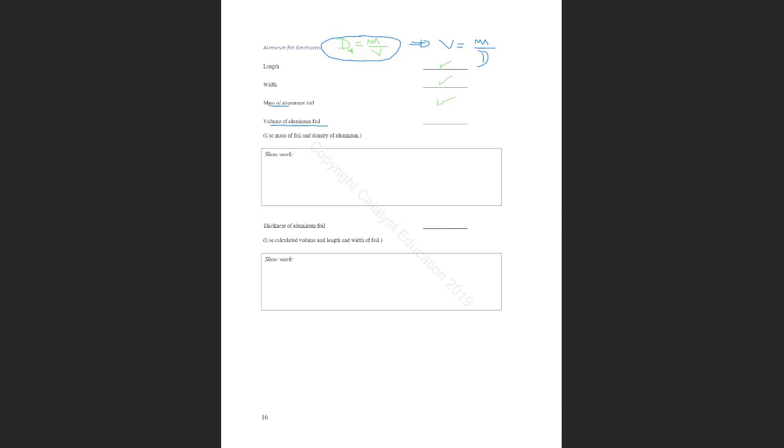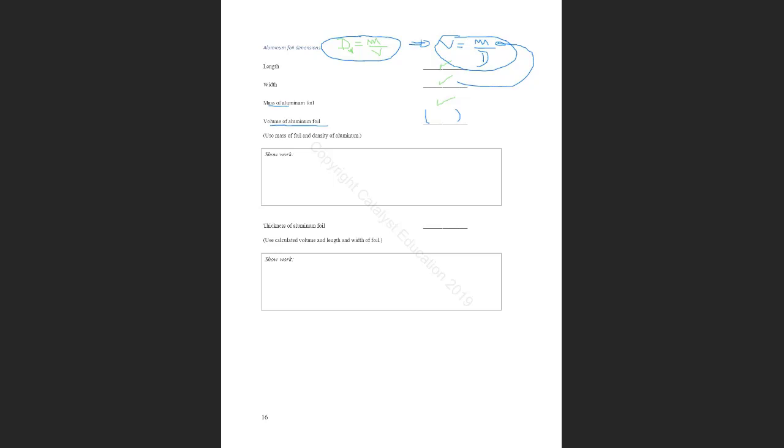I basically multiplied both sides by volume and divided by density. Do you see how I went from this formula to this? Yes. Okay. So then they will give you the mass. You put it here. The density you already calculated. So you are going to express the volume of the aluminum foil, and you're going to show the work here.